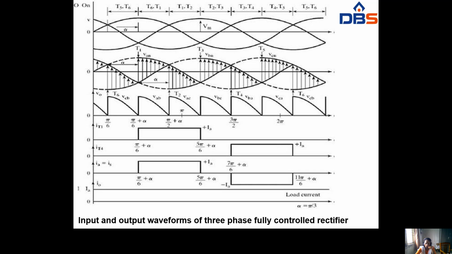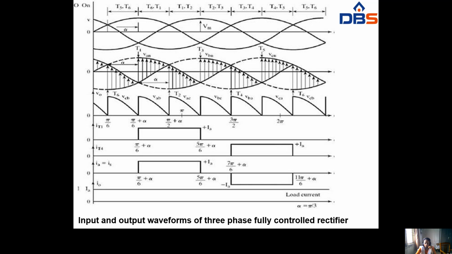So here we have to see VAB, VCB, VAB and VAC. This is VAC. After 270 degrees, T3 will be on. We see that T1, T3, T5 will be conducting in positive mode and T4, T2, T6 will be conducting in negative mode.